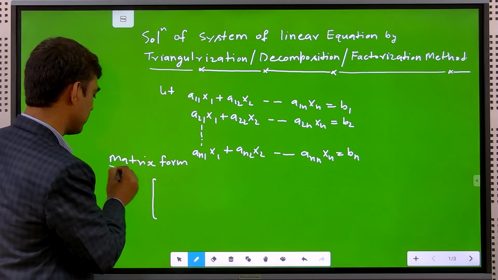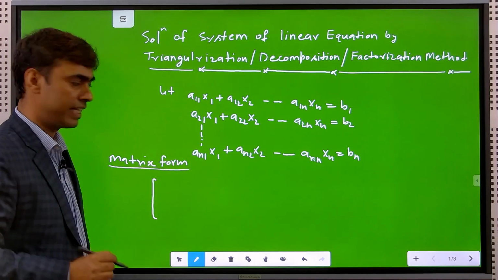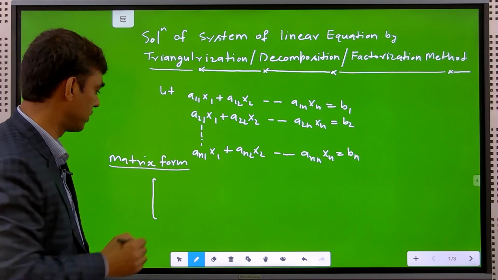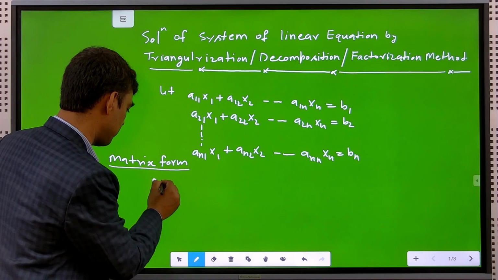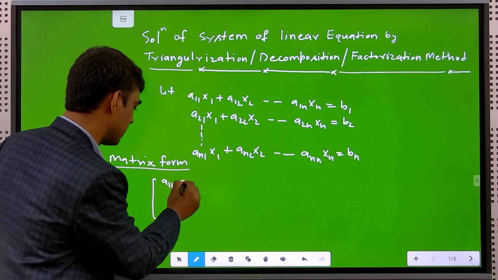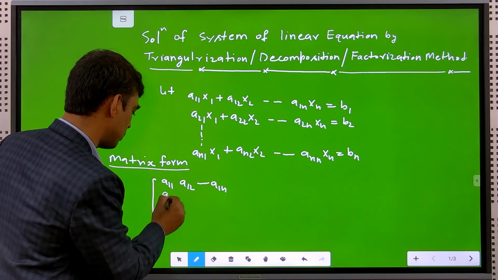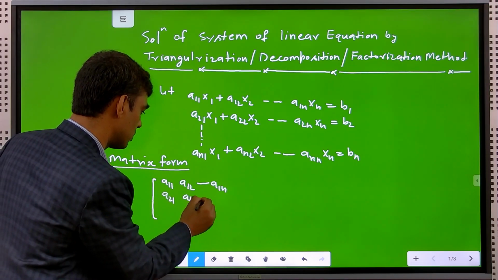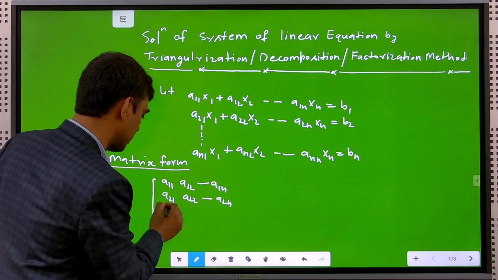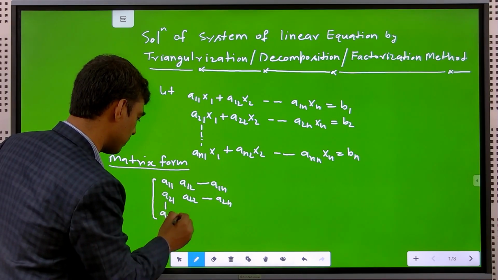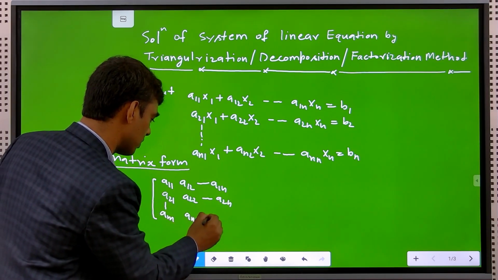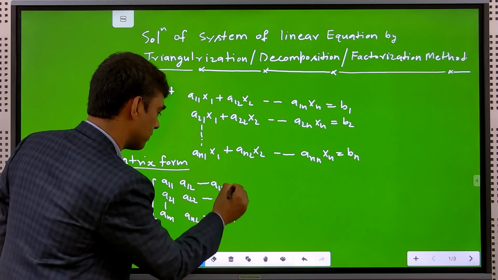The matrix A has rows a11, a12 up to a1n, then a21, a22 up to a2n, and similarly an1, an2 up to ann.